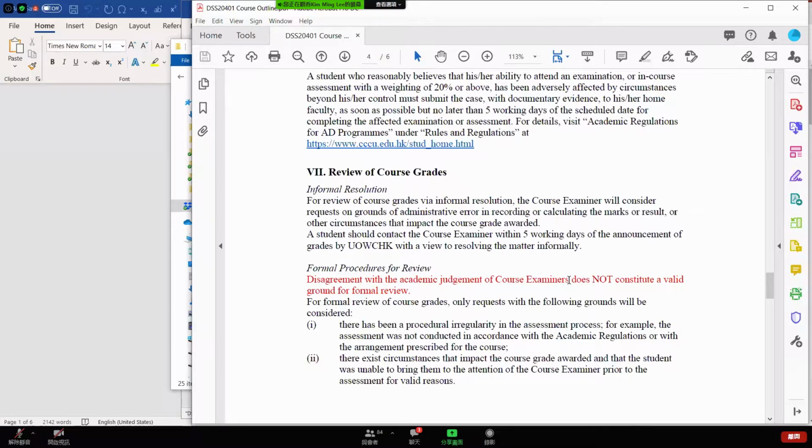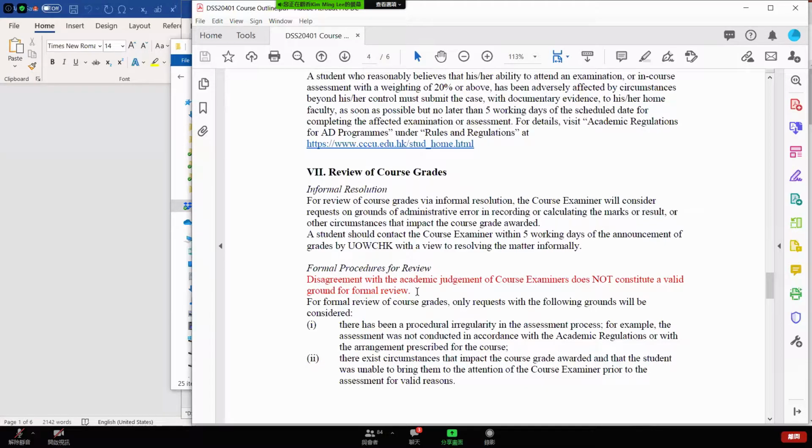They will ignore you if you say that the teacher graded my work unfairly, or he has biases, or I think my work is better than others and I should get a better grade. That is not a reason for formal review. This is set in the regulation.